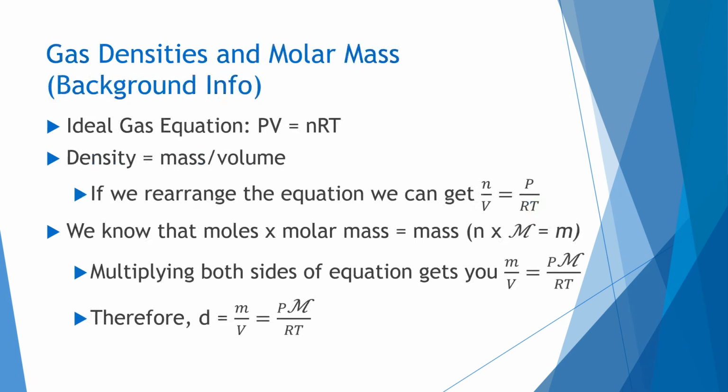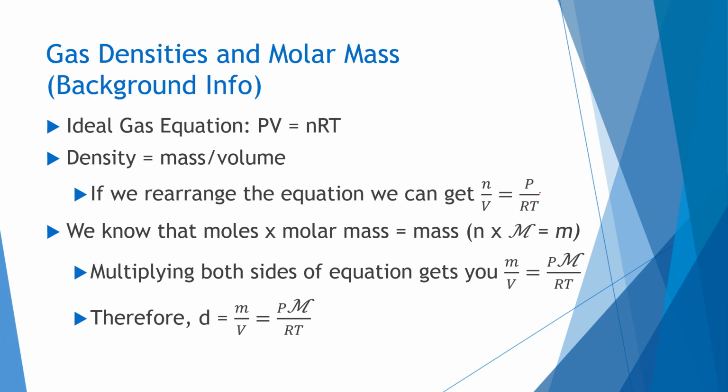Now this slide I have right here is just some background information. You're not going to see it in your notes, so there's nothing for you to write down, but let's break down a few things. With our ideal gas law, PV equals nRT, and we know that density is mass divided by volume, we can rearrange our equation and get number of moles divided by volume equals pressure divided by RT.